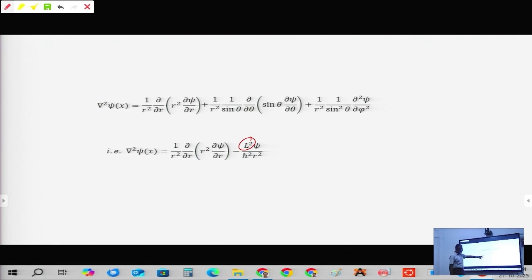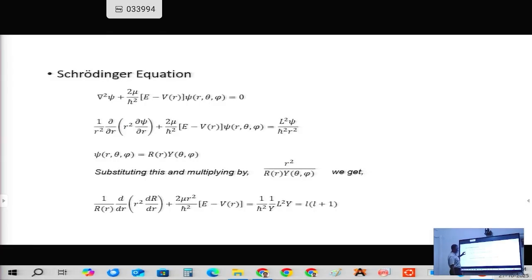Of course there is an r square here, so it's not completely r independent, but the L square will have only theta and phi terms, because r square I've taken as a common factor, right? So this is our expression for the Schrodinger equation, right?